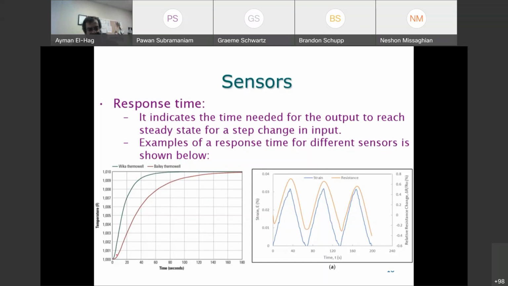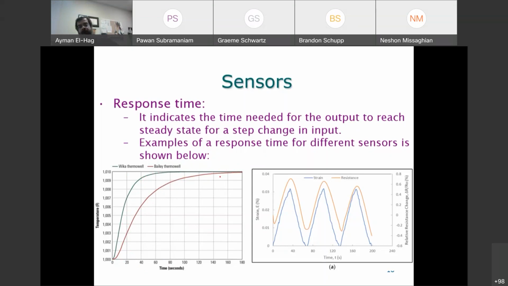See, the sensor in the dark color, maybe the blue-green color, is faster. Meaning, it takes less time to go to the steady state, to reach the final value. But the red one takes longer until it reaches the actual value.